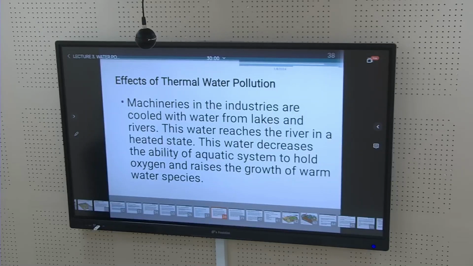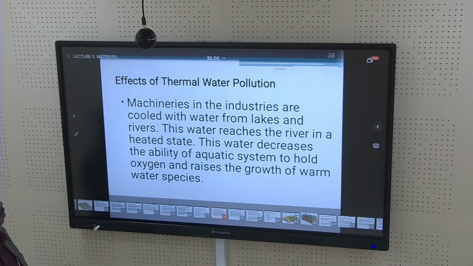Effect of thermal water pollution. Machineries in the industries are cooled with water from lakes and rivers. This water reaches the river in a heated state. This water decreases the ability of the aquatic system to hold oxygen and raises the growth of warm water species.